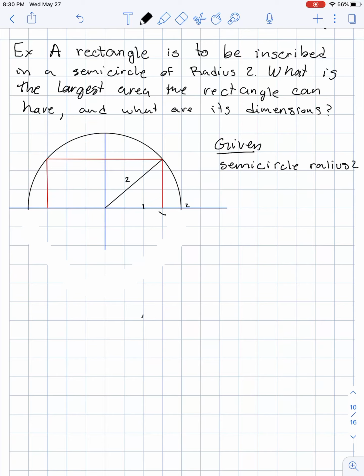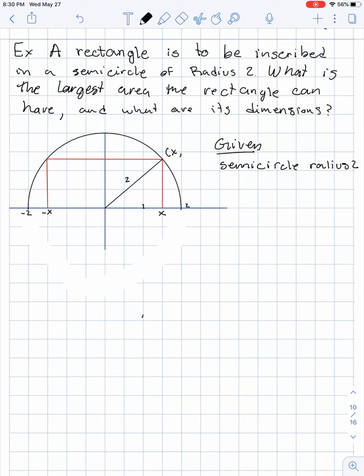So if we call this x, then this would be negative x, because this is negative 2. Then this point on the circle is going to be x, and then whatever the equation for the circle is.